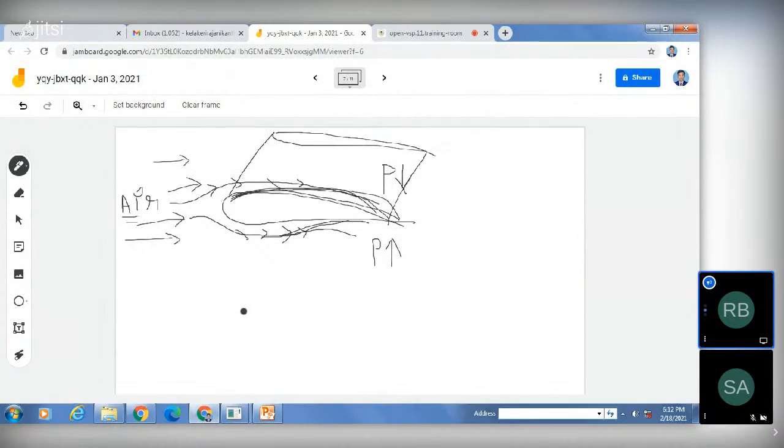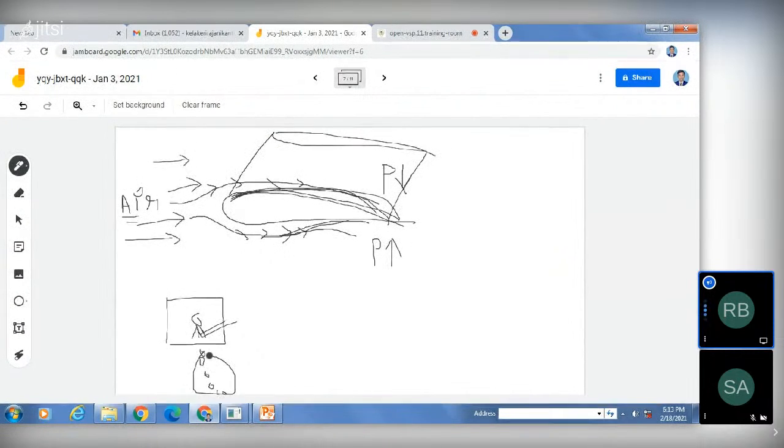So if I give an example, suppose you have gone to a bank, and the cashier is working very slowly. Many people are standing in a line. If he is working very slowly, it means pressure will build up here more.